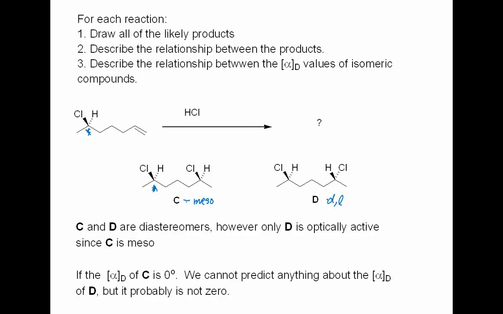C has a rotation of 0. D has a rotation that's not 0. Okay, and C and D are diastereomers. They're not enantiomers, so therefore their rotations don't subtract perfectly.